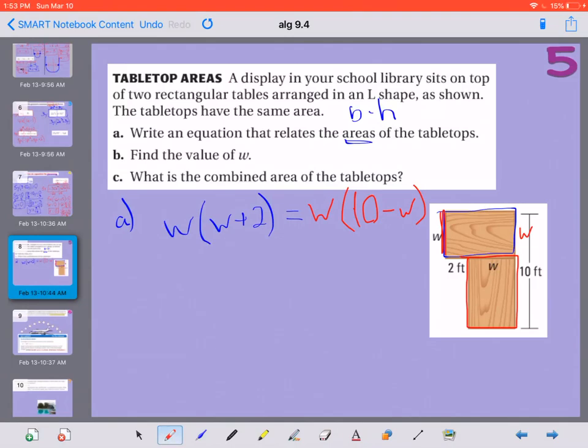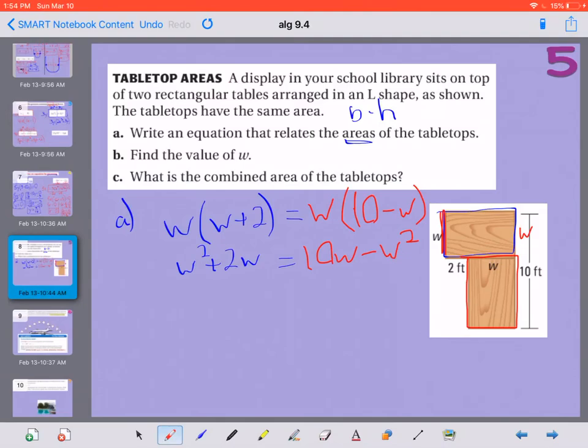Now B says find the value of W. So what we need to do is multiply these out. W times W is going to be W squared. W times 2 is 2W. Over here we have W times 10, which is 10W. And W times negative W, which is negative W squared. So to solve for W, we need to get everything on one side.